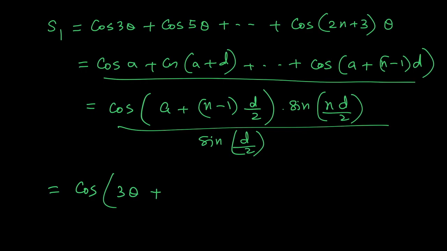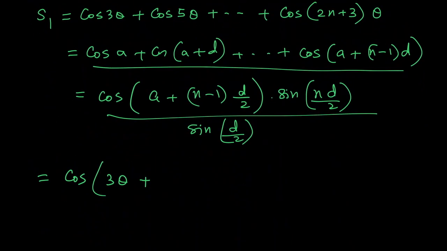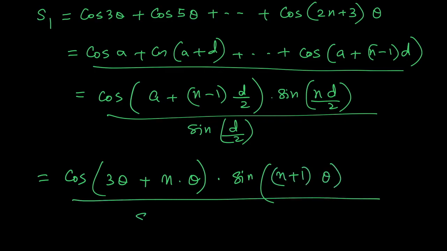The number of terms in the sigma is n plus 1, d by 2 is going to be theta, and in the numerator there is one more term, sine of n plus 1 theta, divided by sine of theta.